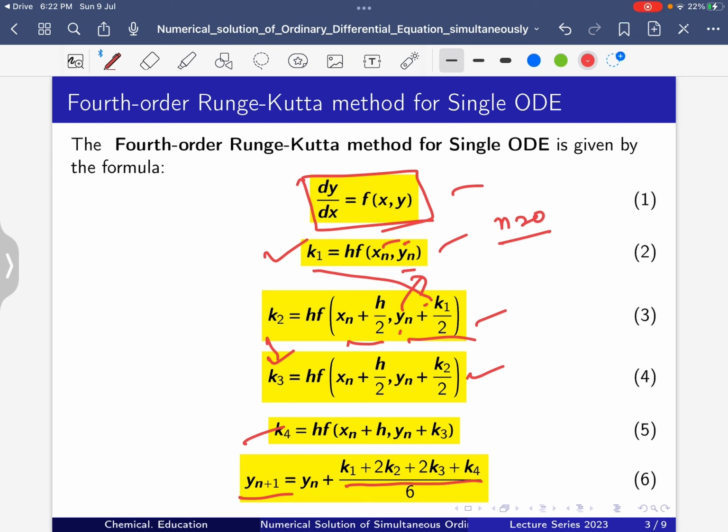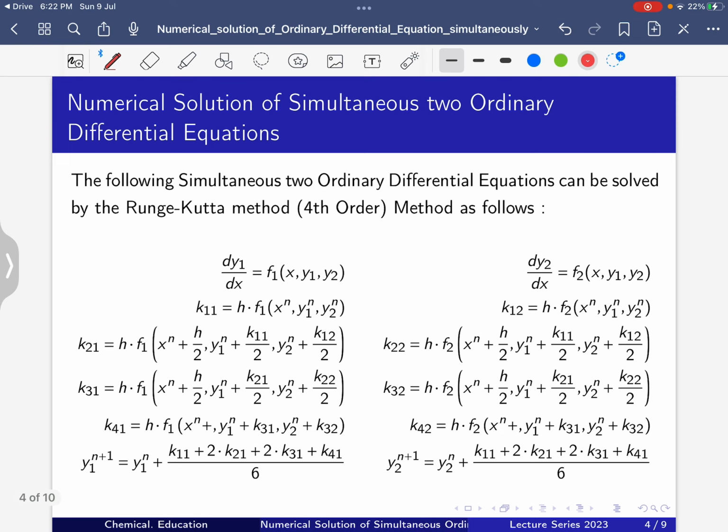Using the same formula, there is some small change for simultaneous ODEs. Now next, I'll explain the theory behind the RK4 method when we are going to solve two ordinary differential equations.